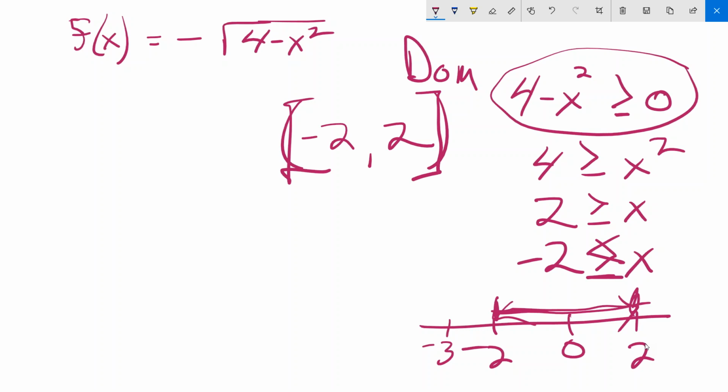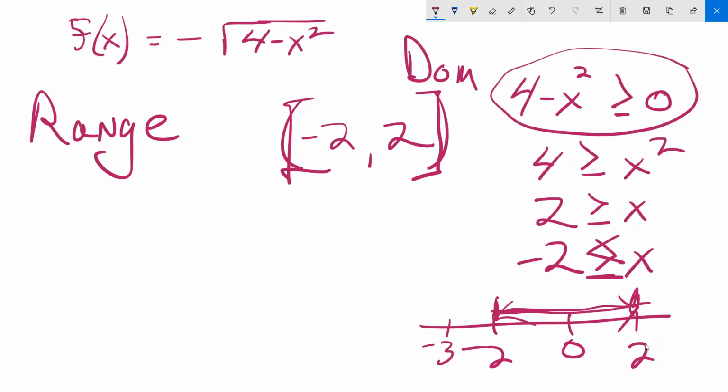Okay, so that's our domain. That's what x is restricted to. Now, let's talk about the range. The range is all of the possible f of x values. In other words, the range refers to the y, the domain refers to the x. What is f of x going to be?